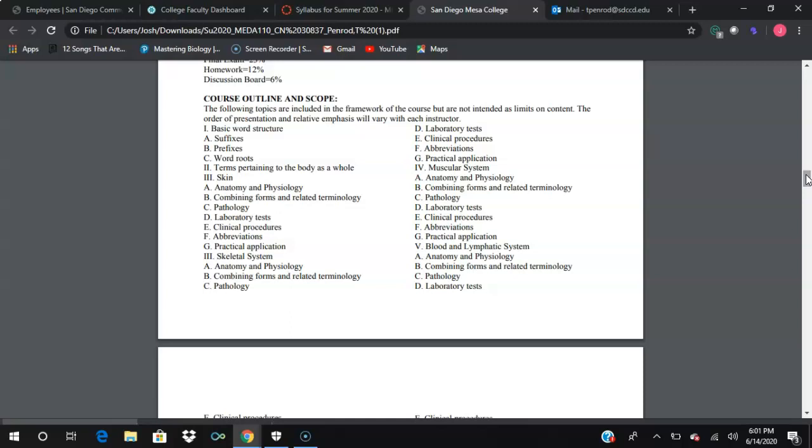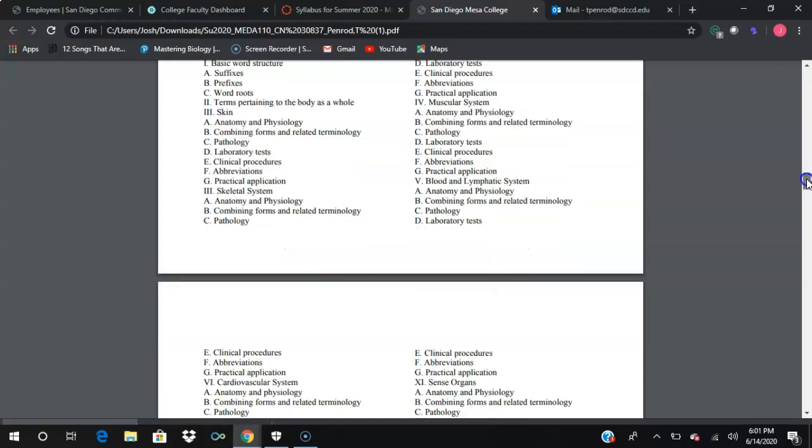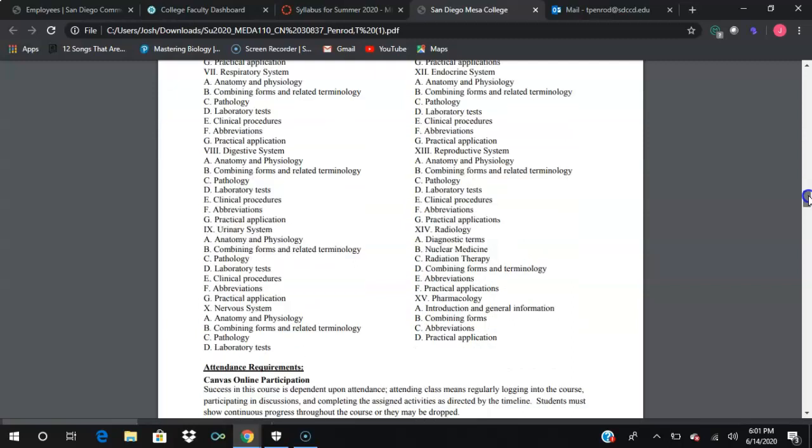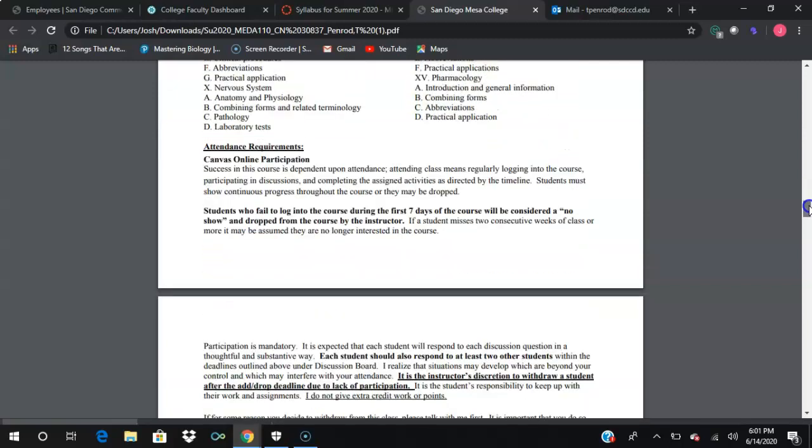There are a lot of different things included, and that does make this course sometimes very content heavy. But once again, it is very doable. The homework is designed more to focus on the prefixes, suffixes, and root words, but realize that the tests are going to broaden out a little bit and include some of the disease processes, anatomy, and some of the diagnostic procedures that we talk about as well. So bear that in mind, okay? This just goes through all of the things that are involved there.